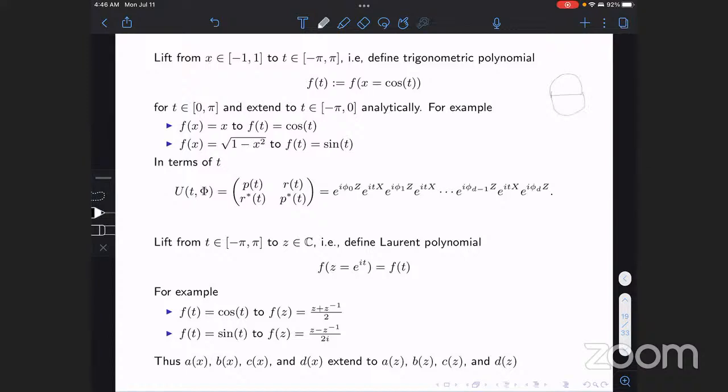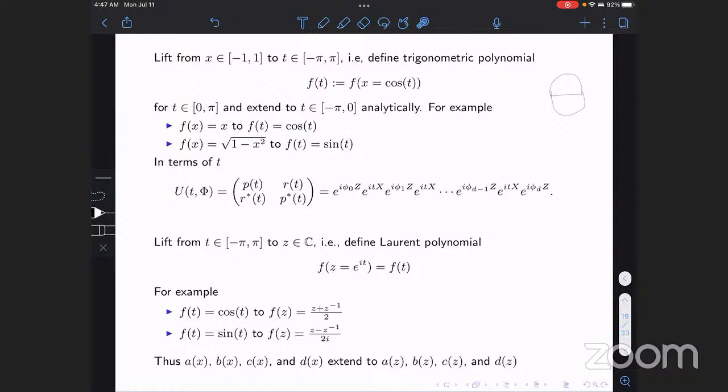For any function f(x), we can lift this function to the unit disk by defining f(t) to be equal to f(cos t). This is done for the first half of the unit circle from 0 to pi, and then we extend it to the other half of the circle analytically. Let me give you the simplest example of what this means. If you give me the polynomial f(x) equal to x, the natural extension of this is equal to cos t.